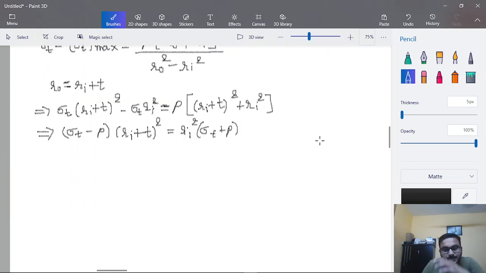So here we need to evaluate the thickness.